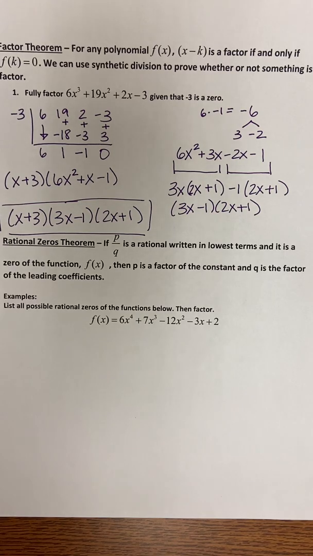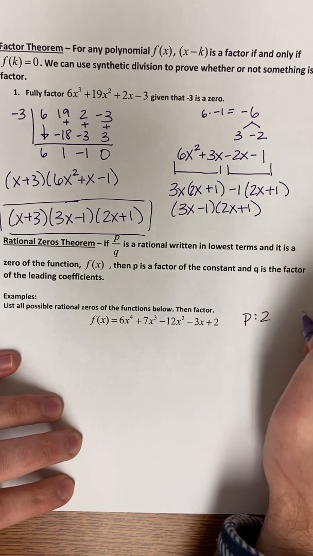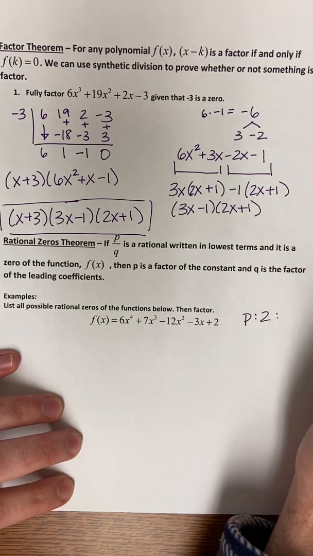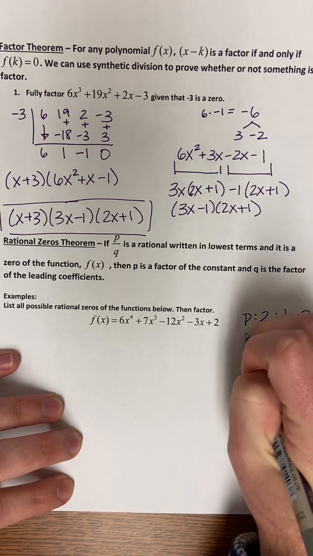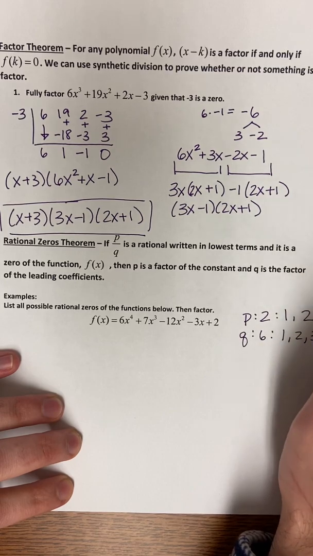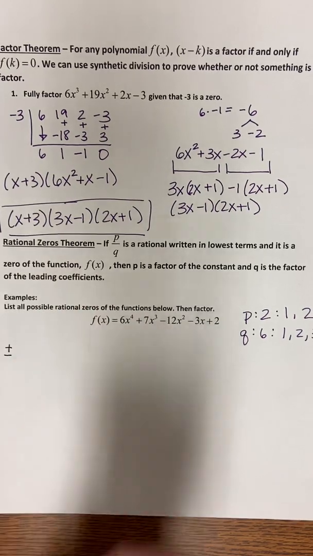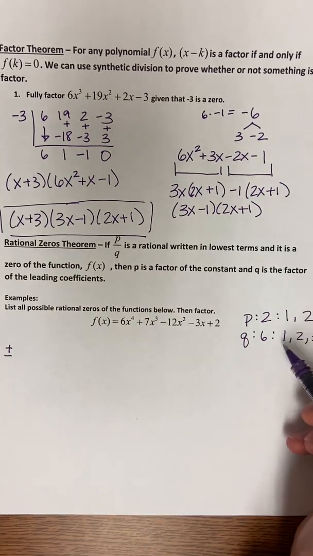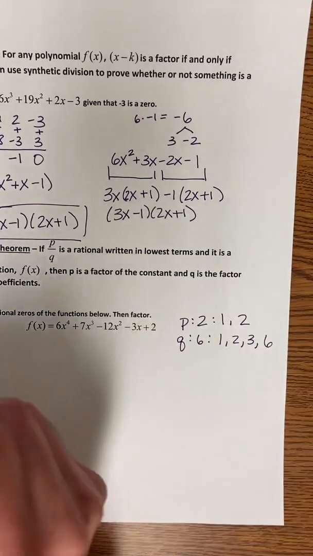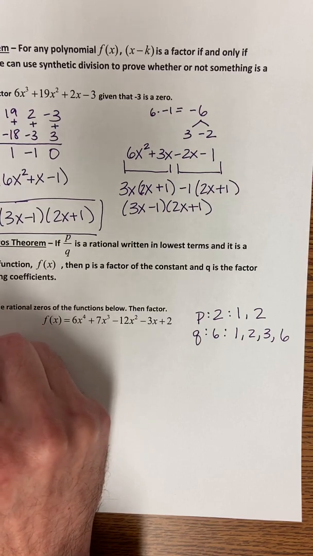For example, in this next equation, f of x equals 6x to the 4th plus 7x cubed minus 12x squared minus 3x plus 2, our p, our constant, is 2, and then the factors of 2 are just 1 and 2, whereas our leading coefficient, q, is 6, and those factors are potentially 1, 2, 3, and 6, which means all of my possible p over q's are plus or minus 1 divided by 1, 2 divided by 1, which is 1 and 2.